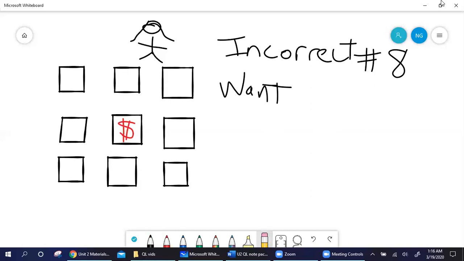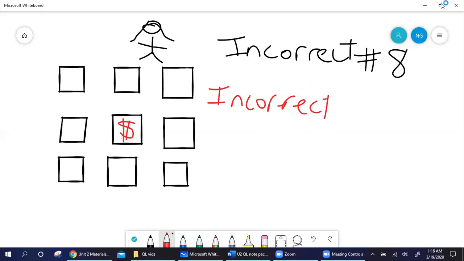Let's reword this. We don't want her to incorrectly pick 4. We want her to incorrectly pick 3. We know she's going to pick 3 incorrects if there's 1 correct.